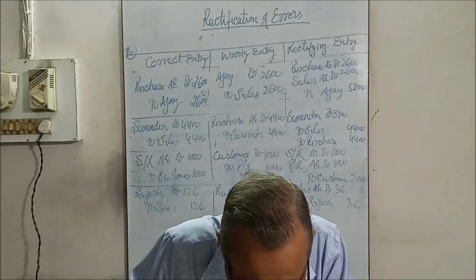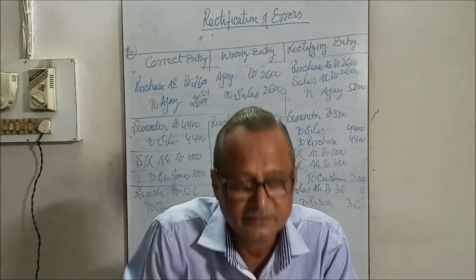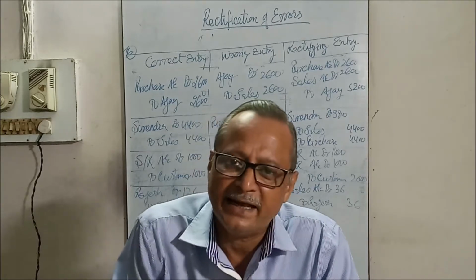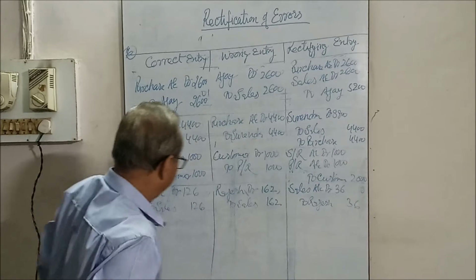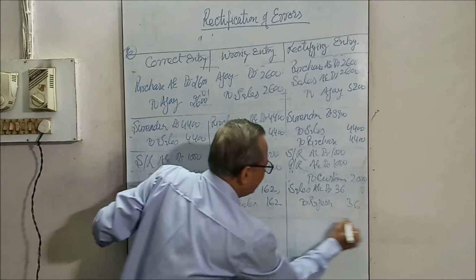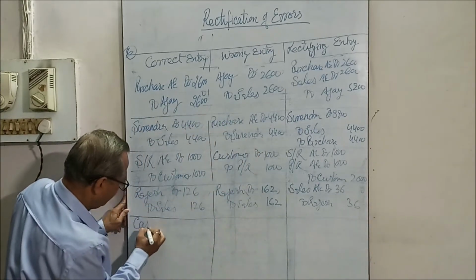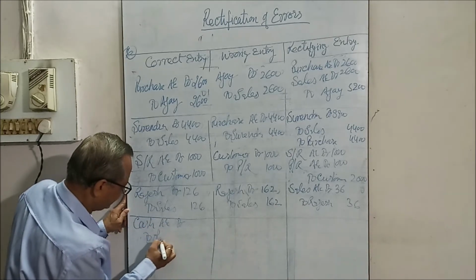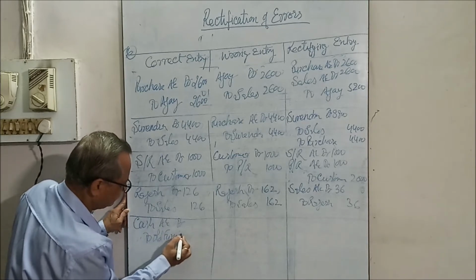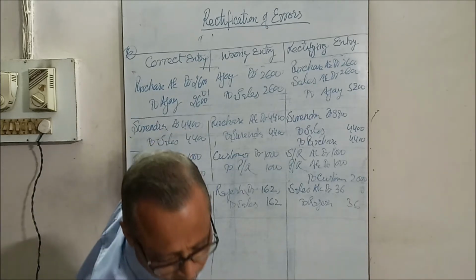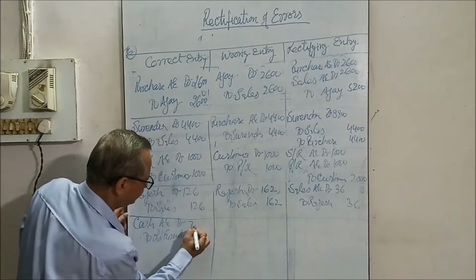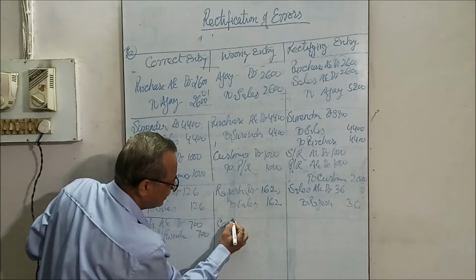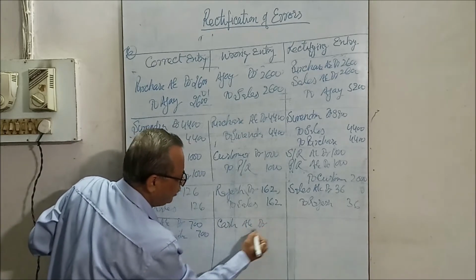Now fifth is a sale of old chairs and table for 700 treated as sale of goods. This is the error of principle. The entry should be passed as cash account debit to old furniture rupees 700, but it was recorded as cash account debit to sales.